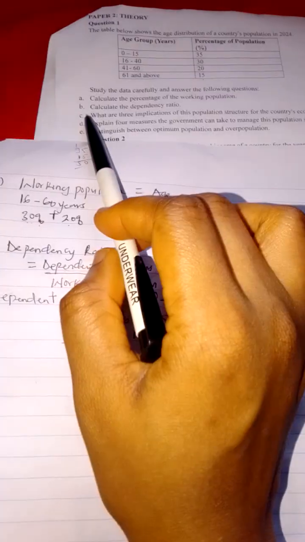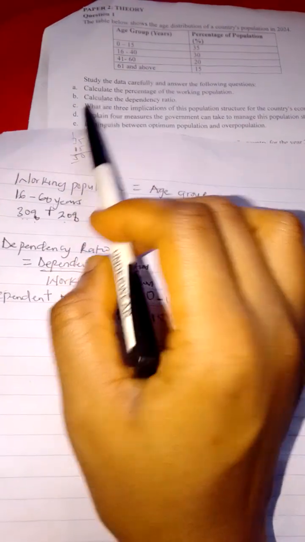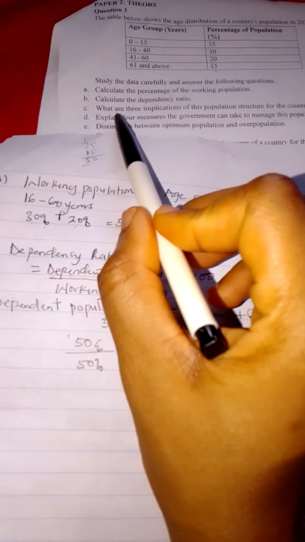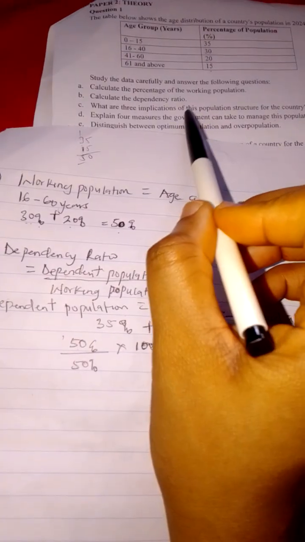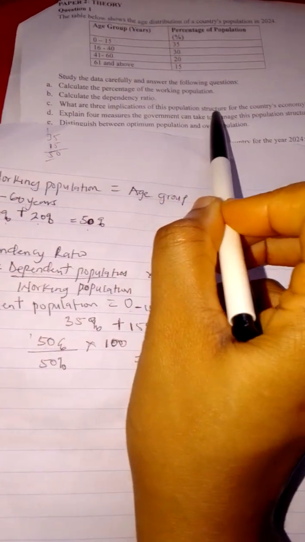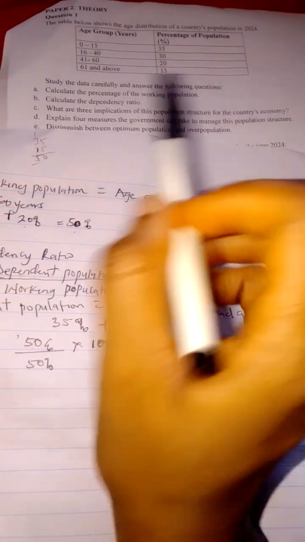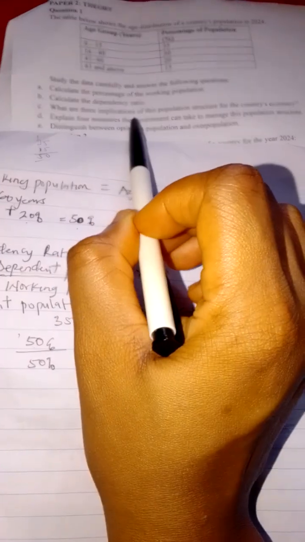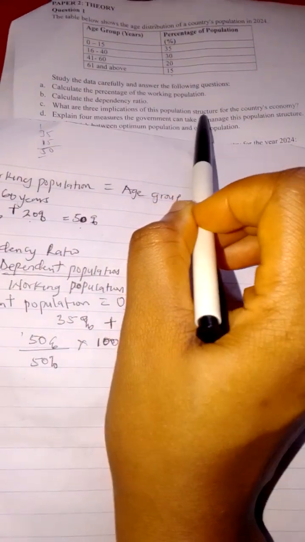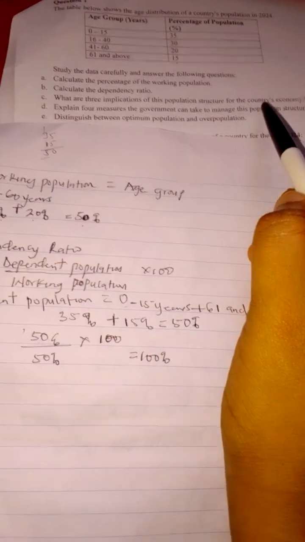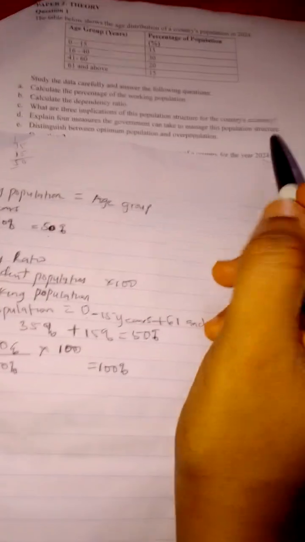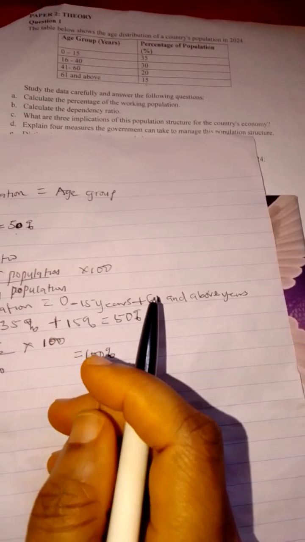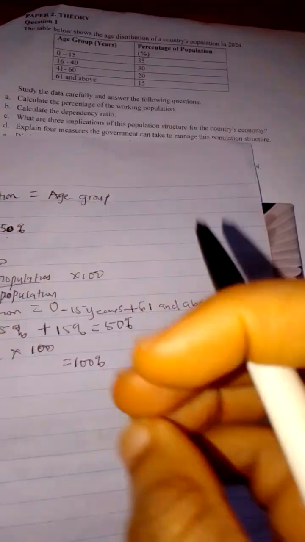C says, what are three implications of this population structure for the country's economy? This means that every 100 working people support 100 dependents.